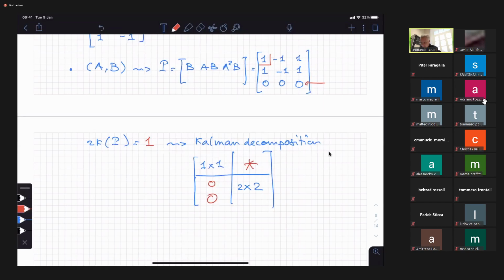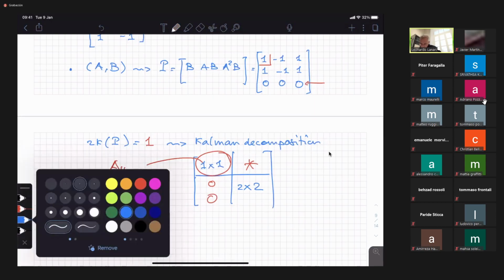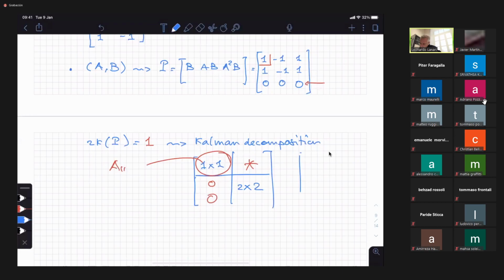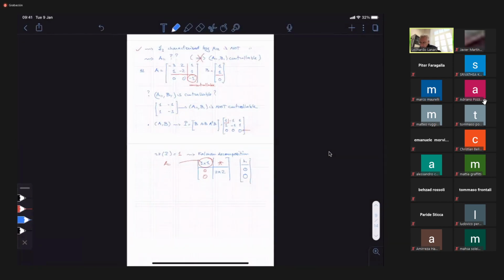A11 would be of dimension 1, and B would be in the new coordinates B1, a scalar, and 0, 0, which is different from what the original system was. Okay, so be careful.